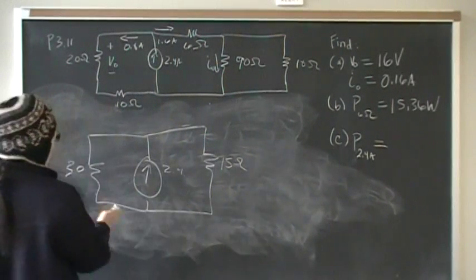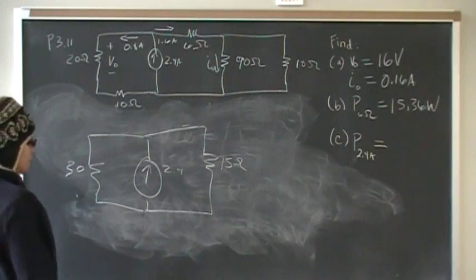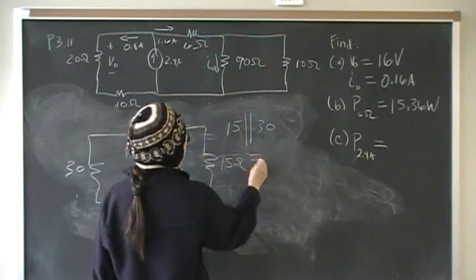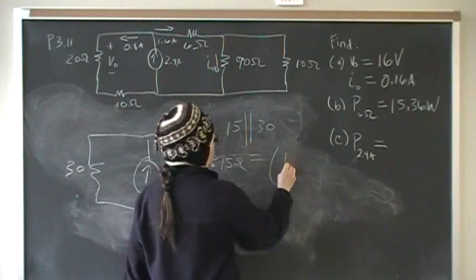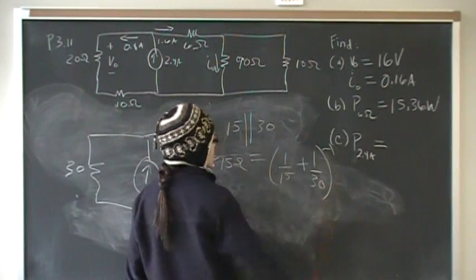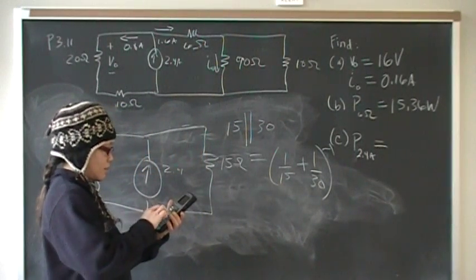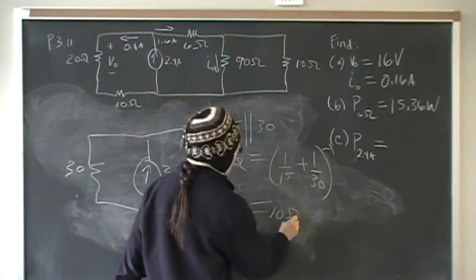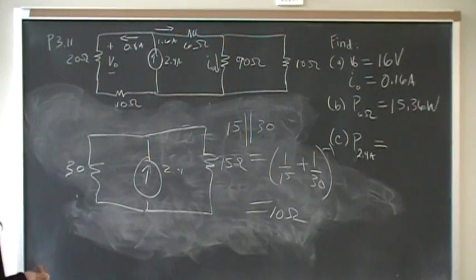Even though they lie on opposite sides, they are connected at two endpoints, which is by definition what a parallel connection is. So we have 15 in parallel with 30, which is (1 over 15 plus 1 over 30) inverse, which gives me 10. 10 ohms is the equivalent resistance of the entire circuit.